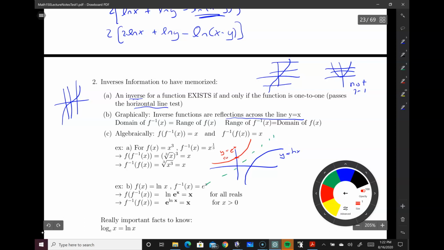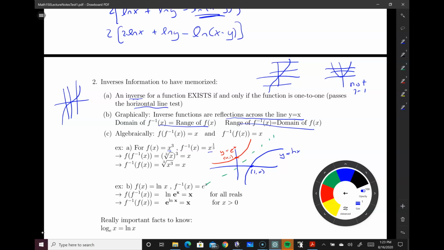So this point is 0, 1. And then this point here is 1, 0. So x's and y's are switched. So that's illustrating this. Algebraically, when I take the functions of each other, I get x. So using x cubed and cube root, cubed is x, and if I take the cube and cube rooted, it's x.